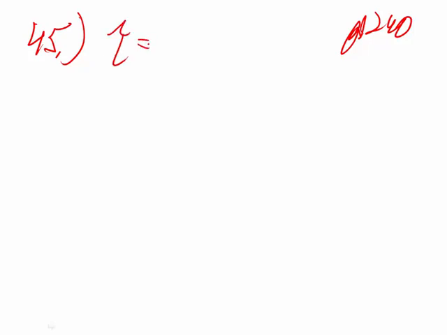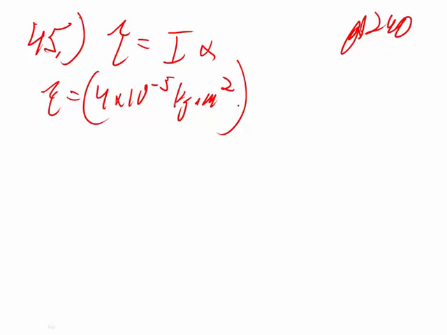These are equations that I go over in the lecture videos, and they're also in your textbook. I think it's equation 7.21 if you want to look in your book. Torque is equal to the moment of inertia times the angular acceleration. We want to know the net torque, and that's real easy. The moment of inertia was 4 times 10 to the negative 5th kilograms meters squared, and the angular acceleration was 150 radians per second squared.